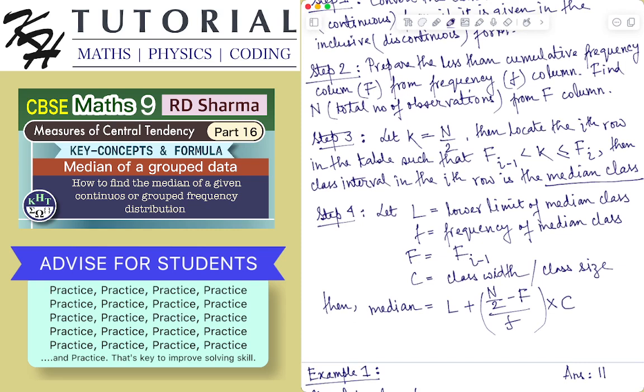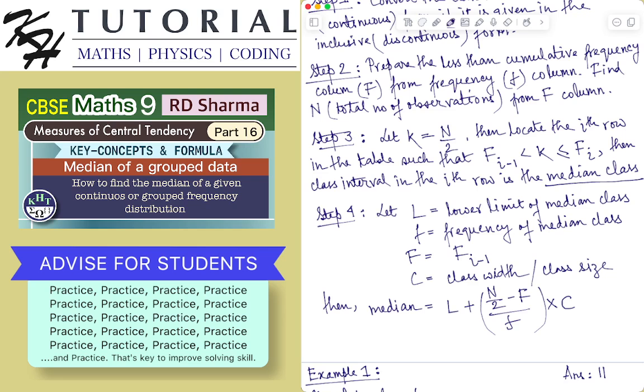Once we have located the median class, let capital L be the lower limit of the median class. Small f is the frequency of the median class. Capital F is the Fi minus 1, which is basically the less than cumulative frequency of the class preceding the median class.